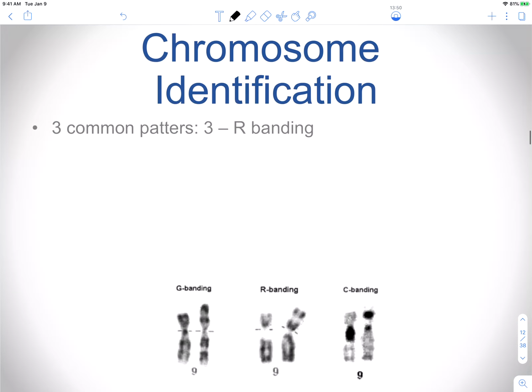And then finally, there is the R staining, or what's known as the reverse pattern of G banding staining. So R stands for reverse of G banding. In this case, you're going to pre-treat the cells with a salt solution.